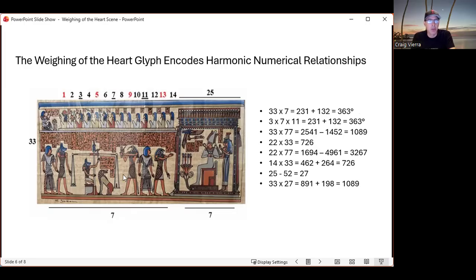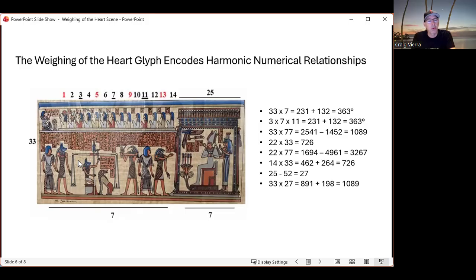So to me, you're already seeing the scalar circle being placed in here. We find it again if you take the initiates at 3 and 7 and also 11. 3 times 7 is 21, times 11 is 231 also, plus its mirror 132, you get 363. Again, these are showing the scalar circle.